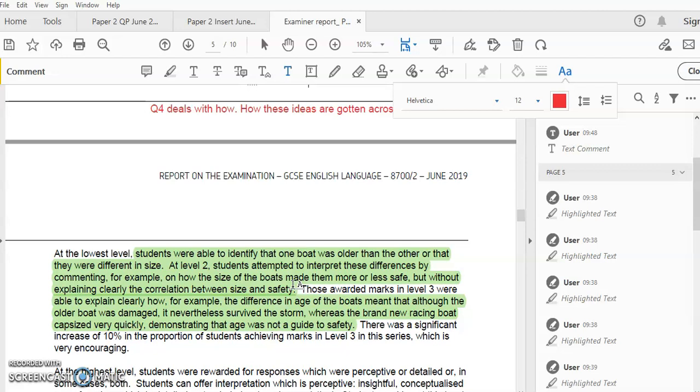The example they've given here is the lower level student might comment on the fact that one boat is bigger than the other. And they might then talk about how one boat is safer than the other. However, unless you're making that clear link, unless you're saying, well, the larger boat seems to weather the storm better, so it's safer, the examiner doesn't know you're making that inference. So you do need to make that clear.